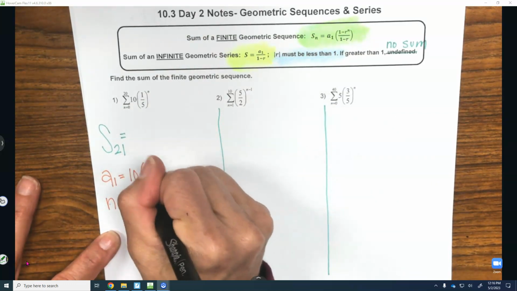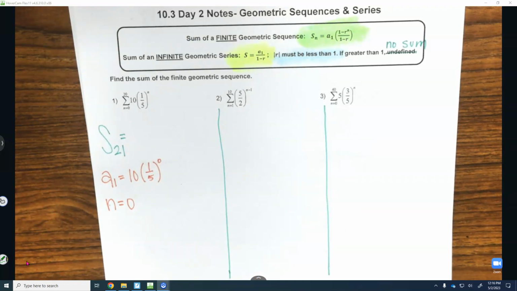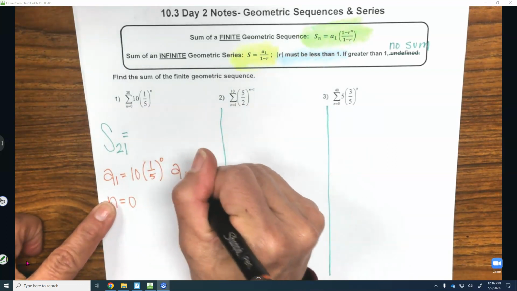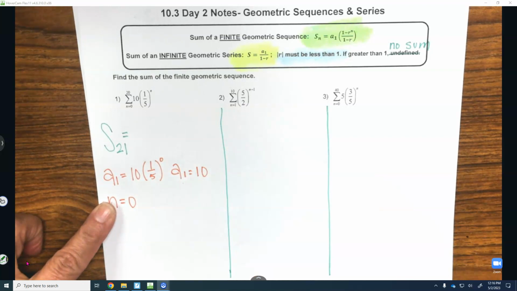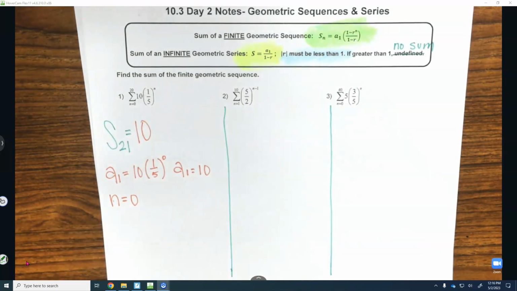So it's going to be 10 times 1/5 to the 0. What's anything to the 0 power? 1. So our value is going to be 1 times 10. So a sub 1 is 10. This 10 goes in front right there. Now the rest is going to be a fraction. And you guys definitely need a calculator. You got to learn these steps.